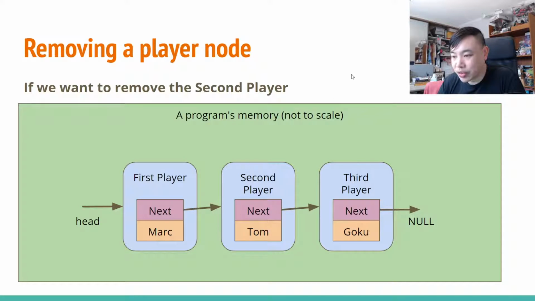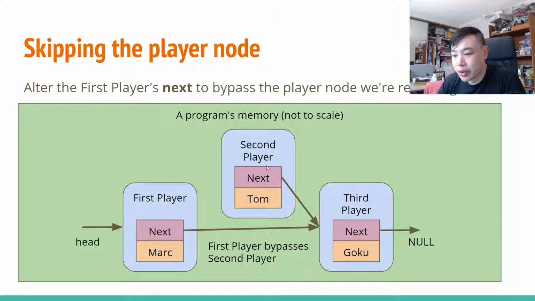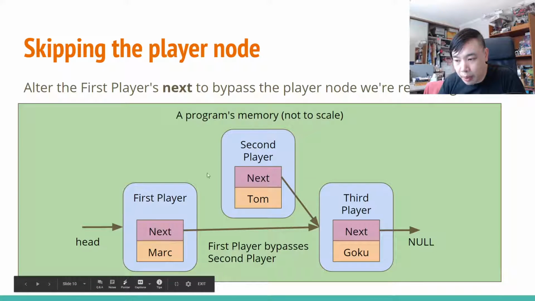So first player, second player, third player here. And I'm going to remove the second player from the list. So in order to remove something from the list, I have to make sure that the list is consistent while that thing is going to be removed. So if this node's going to be removed, the rest of the list must be consistent. So the first player bypasses the second player here.